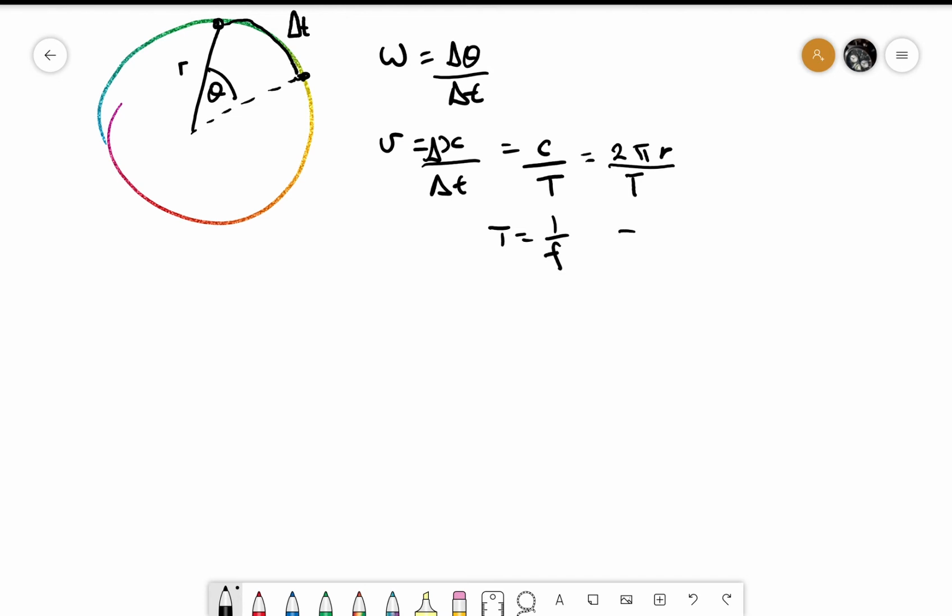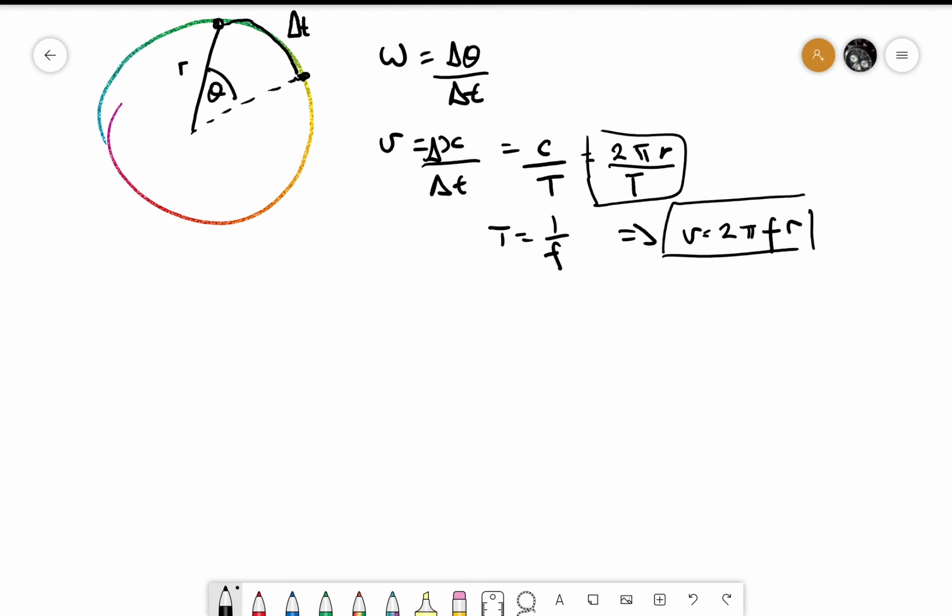So this implies that we can write this equation here for my velocity as 2 pi f r. So that's an equation for velocity.